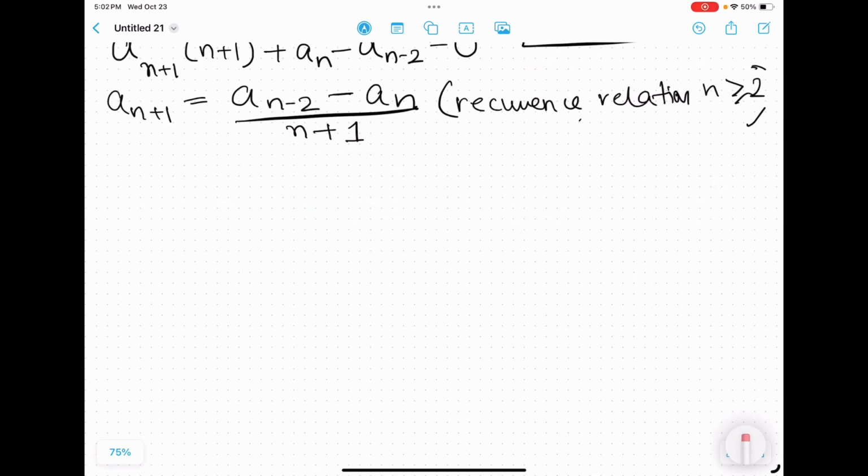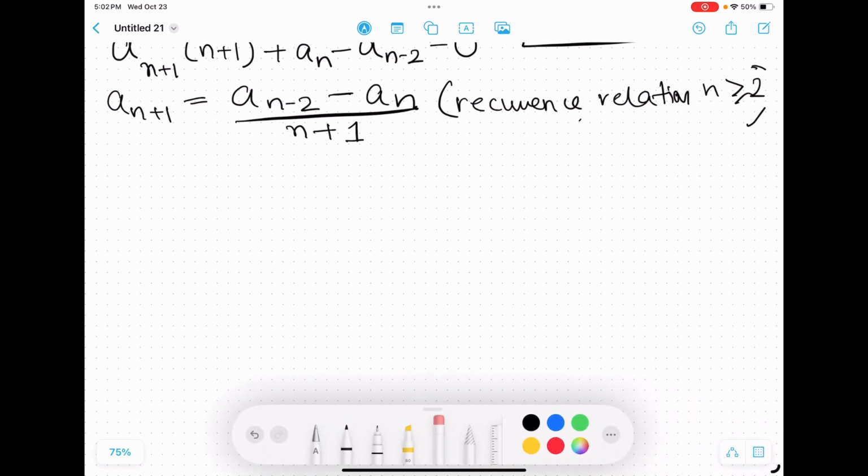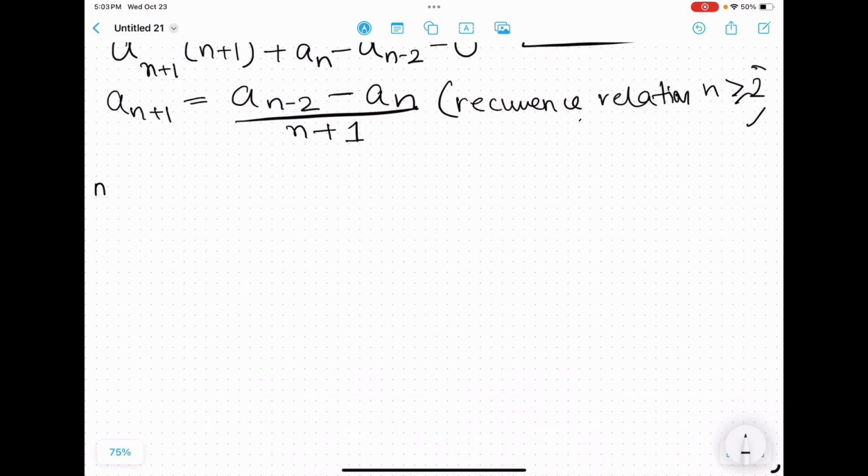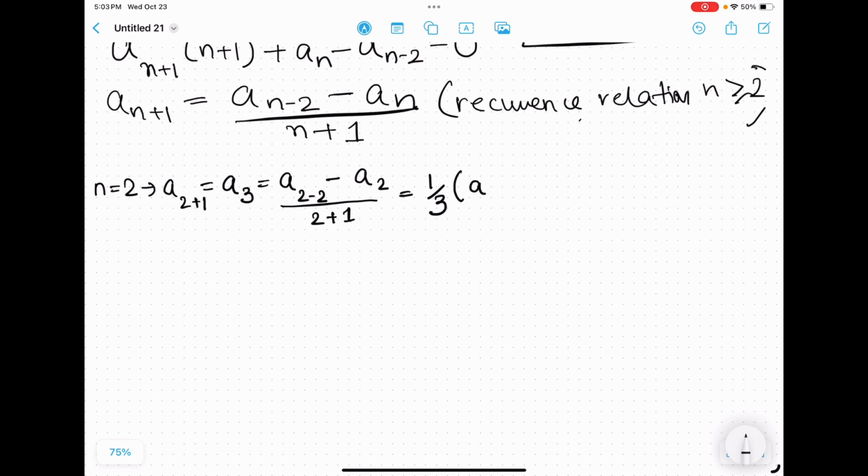So when n is equal to 2, I have a sub 2 plus 1, which gives me a sub 3, equals (a sub 2 minus 2 minus a sub 2) divided by 2 plus 1. So I have 1 by 3, (a sub 0 minus a sub 2).